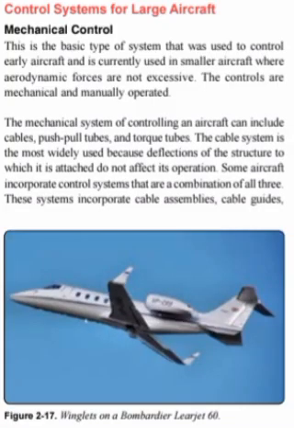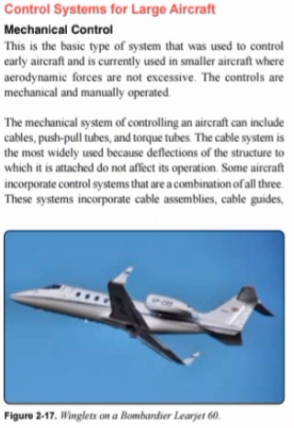Control systems for large aircraft. Mechanical control. This is the basic type of system that was used to control early aircraft and is currently used in smaller aircraft where aerodynamic forces are not excessive. The controls are mechanical and manually operated.